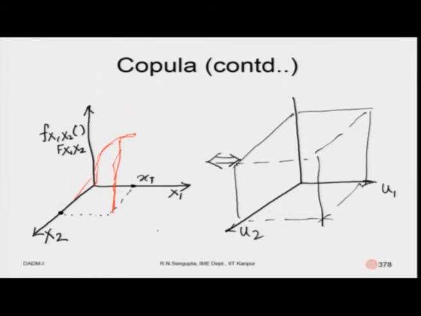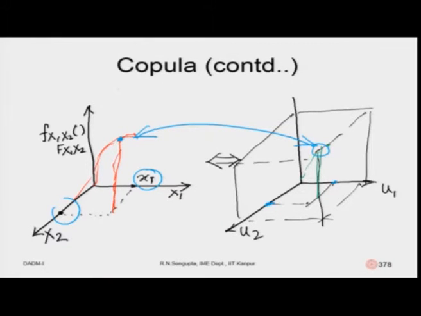So, this would basically have some u 1, some u 2 and the value, the discrete case would be somewhere here, consider. So, what you are doing is mapping the value of these x 1, x 2 and the corresponding CDF value which you have with u 2, u 1 and this, such that this will be possible.